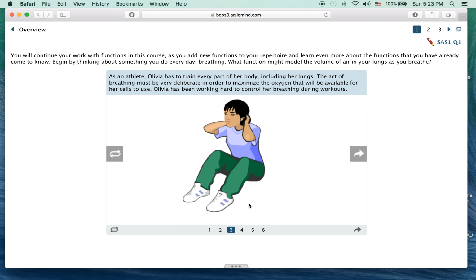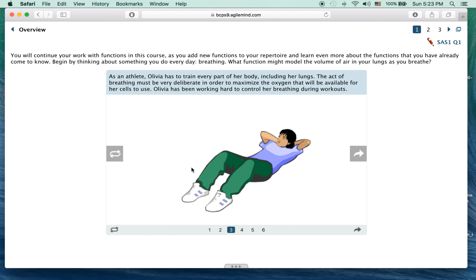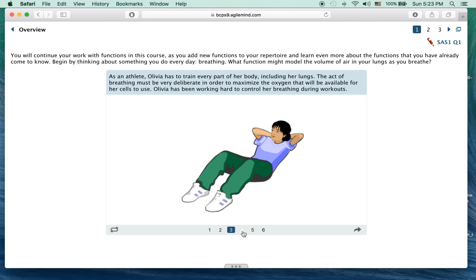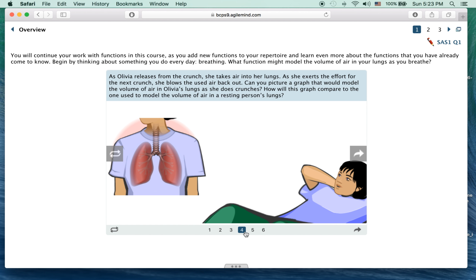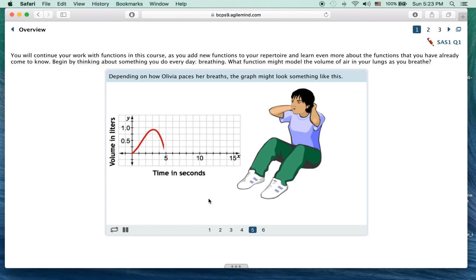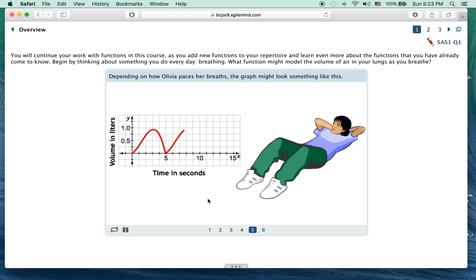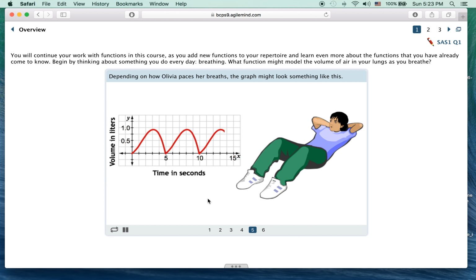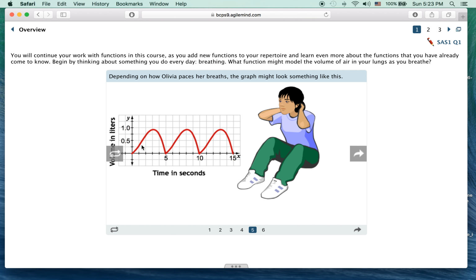Okay, so we're going to look at a little bit more complicated graph. We're going to look at a graph of the volume in her lungs as she does sit-ups. So if you thought previously that a quadratic function was going to be a good fit for the last graph, it would have been.